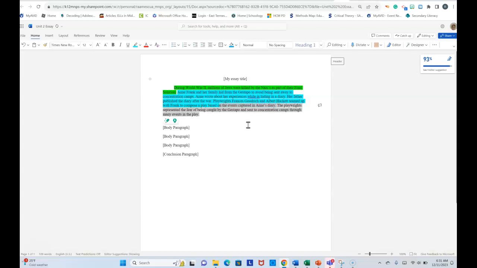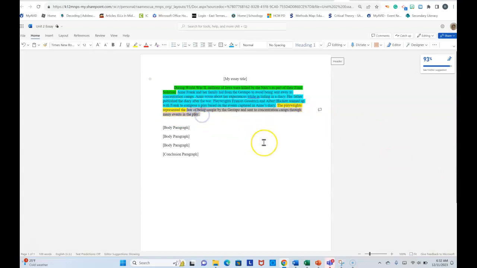Not the best thesis statement, but it answers the essential question. So then each one of my paragraphs could be about times that they thought they were going to be caught. It could be times when they were afraid of going to concentration camps.